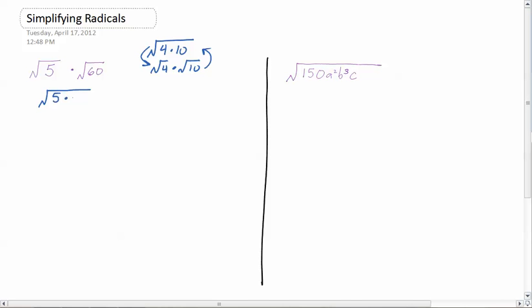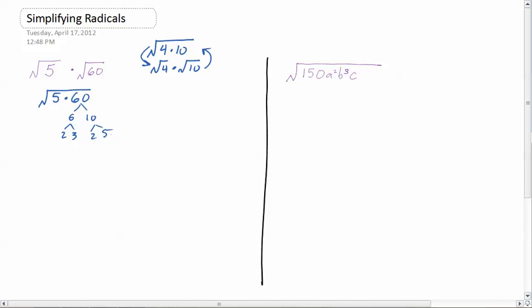5 times 60. Now from this point, you can multiply the 5 times the 60 if you want, but if you remember, once we have that number inside the square root, we need to find the perfect squares. So really what should happen next is I need to take this and factor it out as much as I possibly can. So I'm going to take that 60, and 60 I know is 6 times 10, and 6 is 2 times 3, and 10 is 2 times 5.